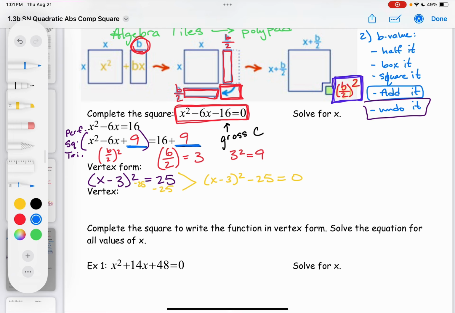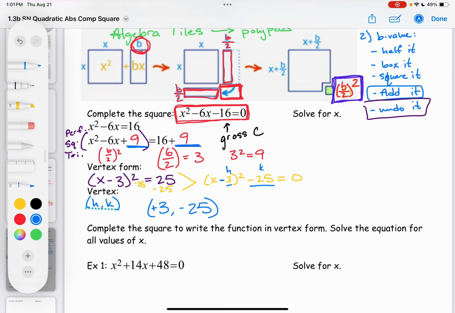And now, why is vertex form useful? Because it's got our h and our k, and we're looking for our vertex, which is (h, k). So our h is positive 3. And you might be looking up there and saying, why? It's x minus 3.